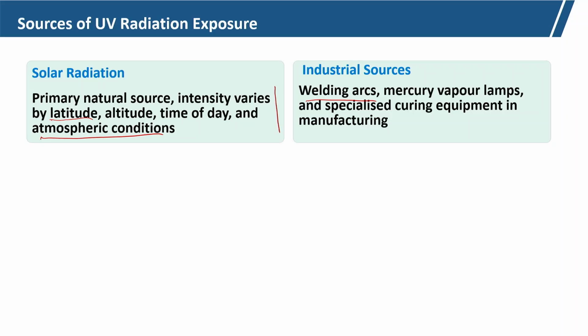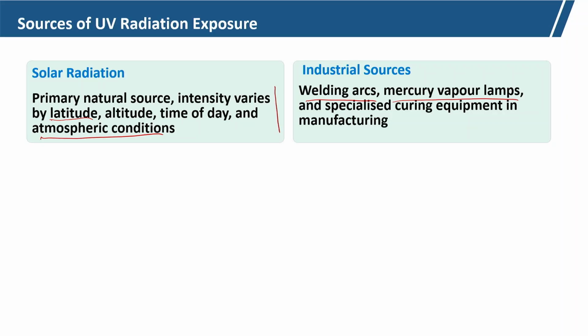So, we must protect ourselves with different types of gadgets, like sunglasses or goggles, or some protective shield, and textile is also one of them. And if the worker is exposed throughout the major time of the day during his work, that will affect human health. Then mercury vapor lamps.